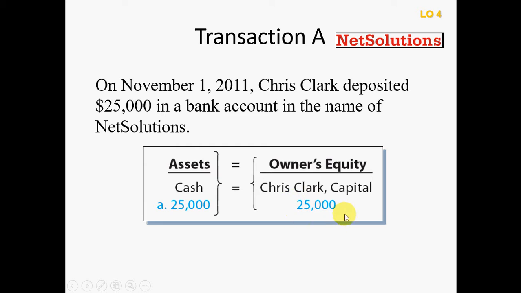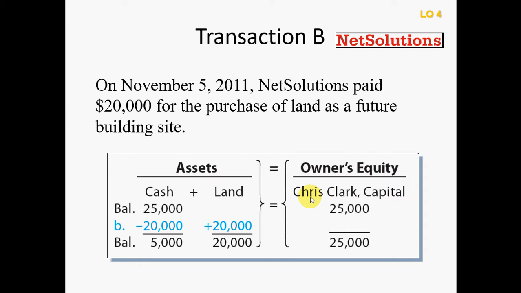Now transaction B. On November 5, 2011, Net Solution paid $20,000 for the purchase of land as a future building site. Now what has happened? Net Solution has purchased the land at a cost of 20,000 and it has been purchased by paying cash.